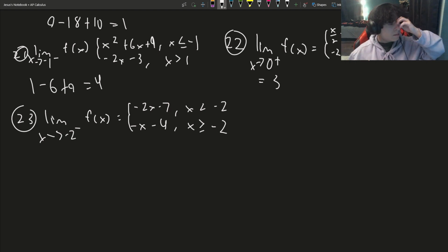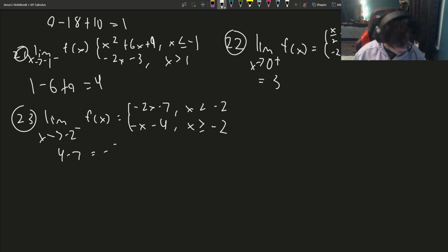Okay, negative 2 from the left. So then it's going to be numbers on the left, and x is numbers less than negative 2. So we're just going to plug in negative 2 to the top equation, which is 4 minus 7, which gives you negative 3.